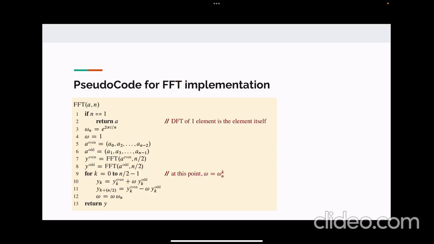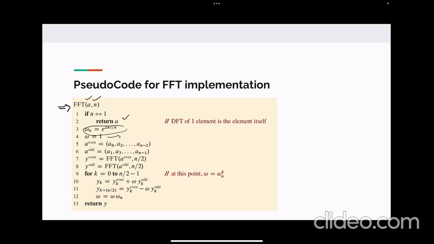The pseudocode for its implementation tells us, let's suppose we have a function FFT(a, n). A is our signal and n is the size of the signal. So if n is equal to 1, that is the base case. We have only one coefficient left. We'll return that. Other than that, let's denote wn to be the nth root of unity and w to be a temporary variable, the ith root of unity, which will be useful for combining A even and A odd into A later.